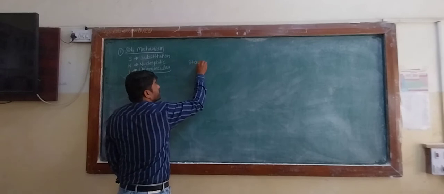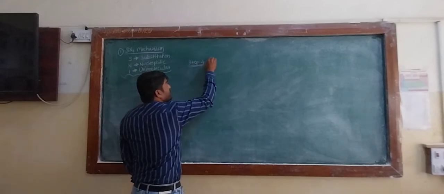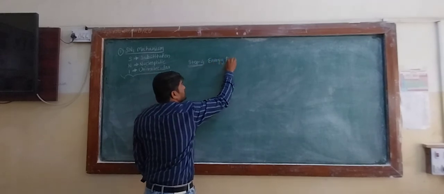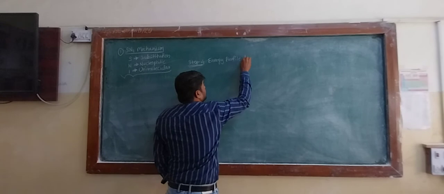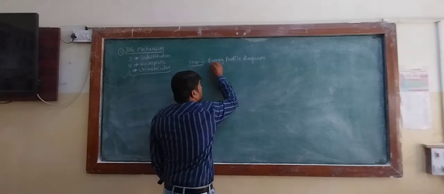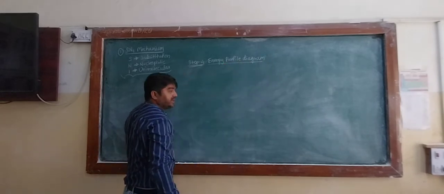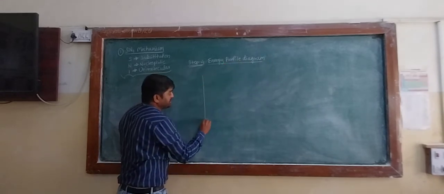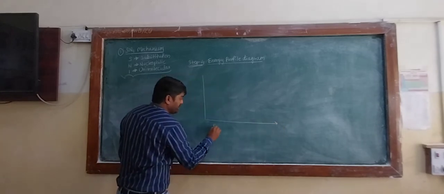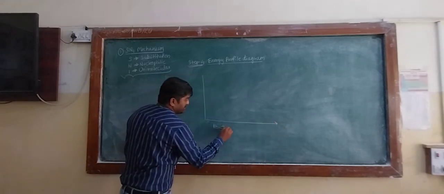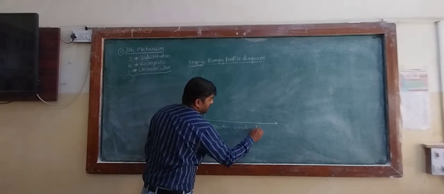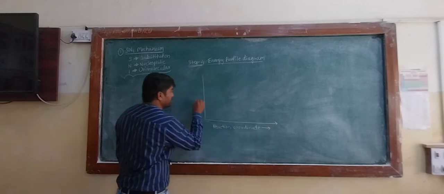Step 4 is the energy profile diagram. In an energy profile diagram, a graph is plotted between the reaction coordinate and the energy.